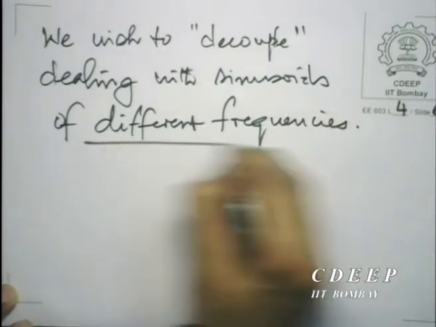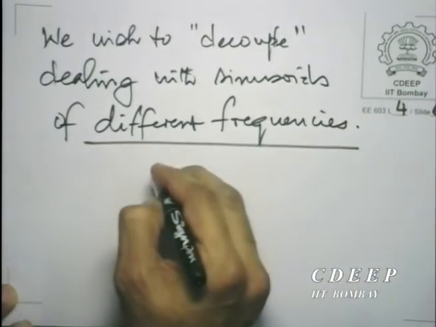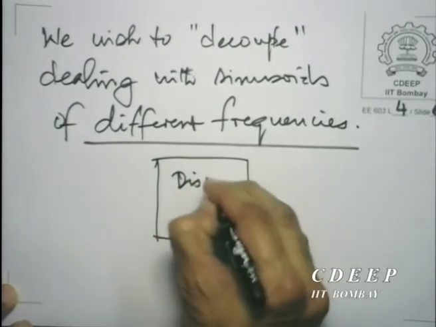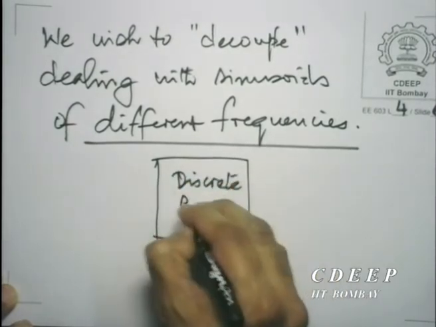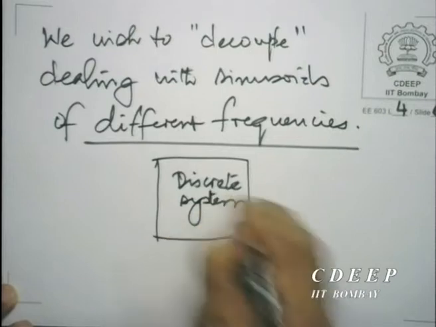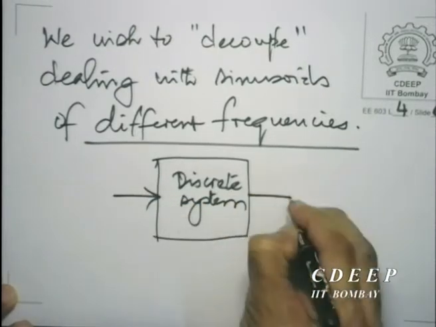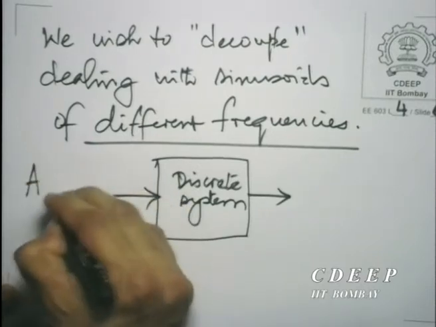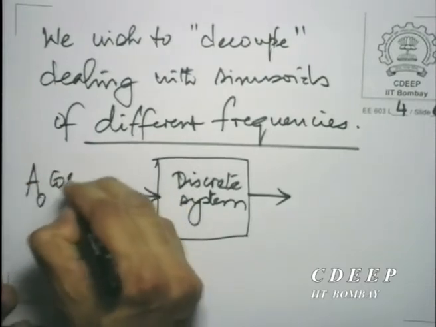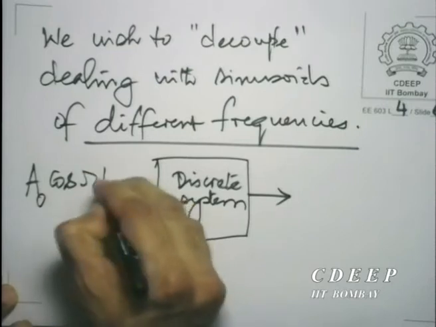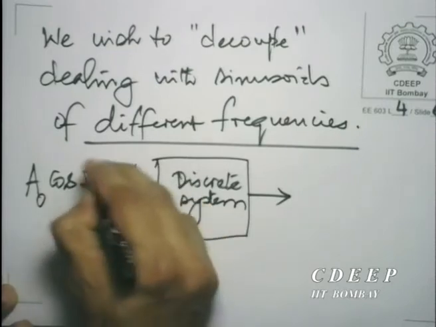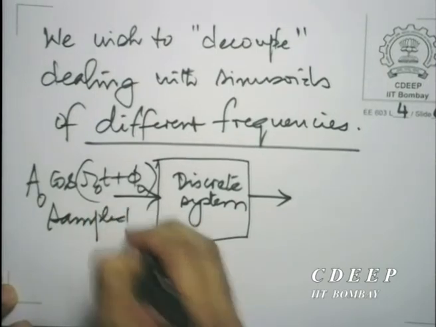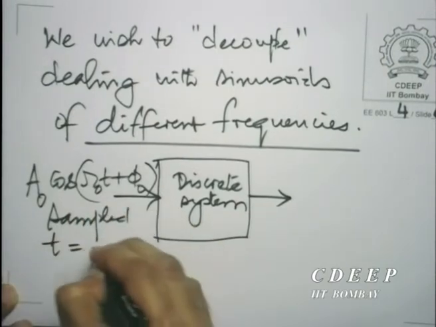What I mean by that is, if I have a discrete system, I give it a sine wave A0 cos. Now, it does not matter whether you write cos or sine. Sampled at t equal to n.